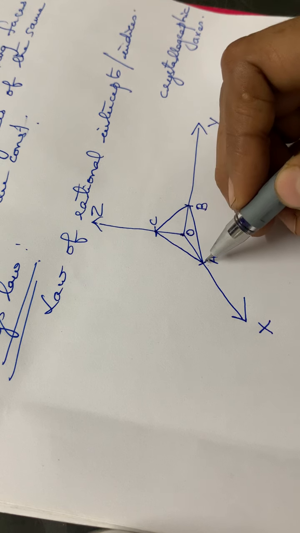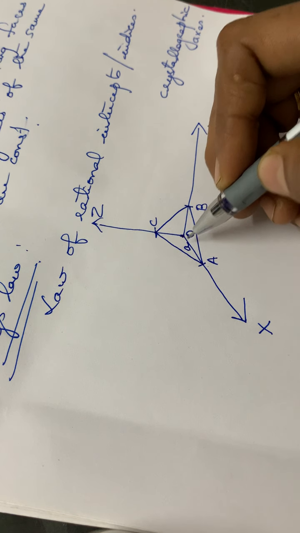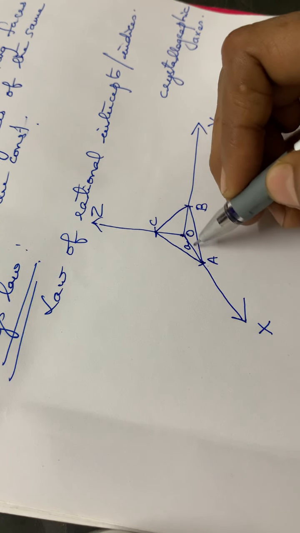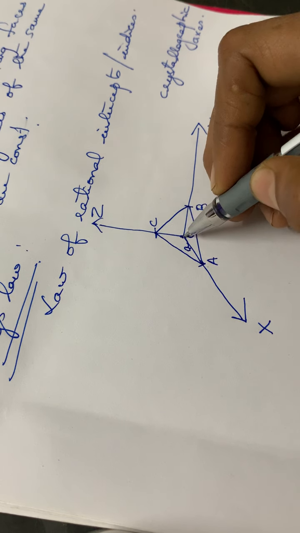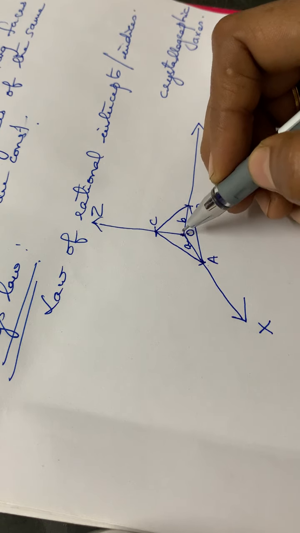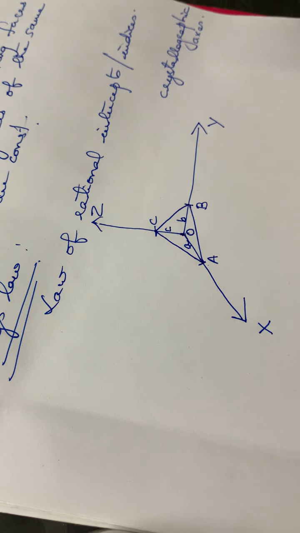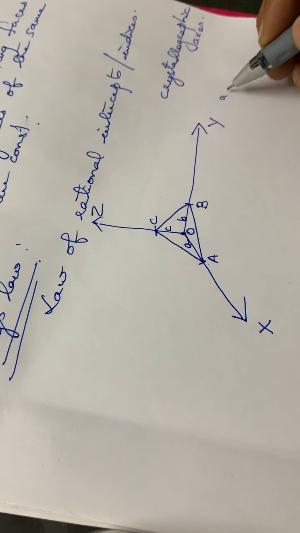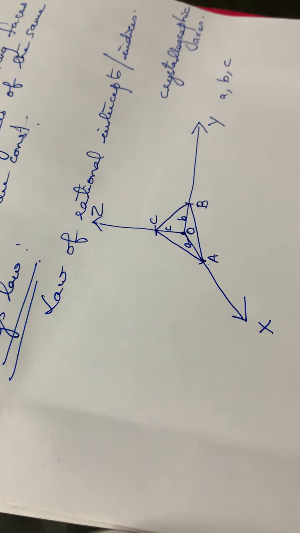Let OA be a, the edge length of this particular unit cell, and let OB be small b, and let OC be small c. So we got three edge lengths, isn't it? That is a, b and c for that particular unit cell.